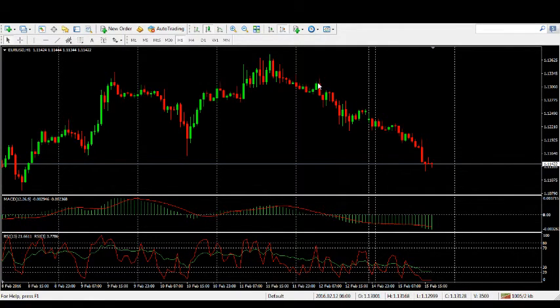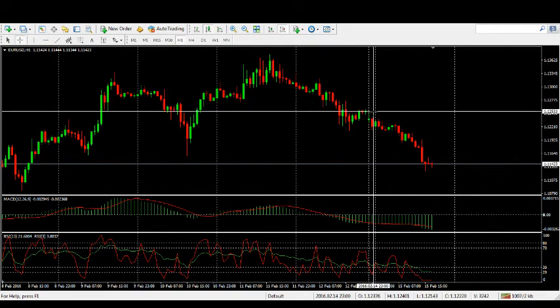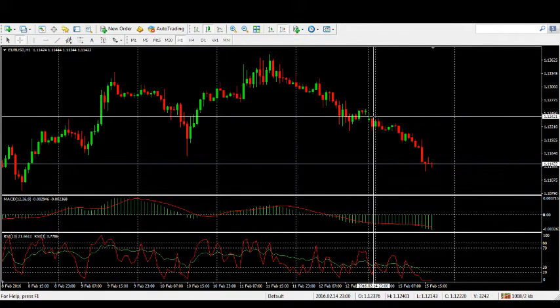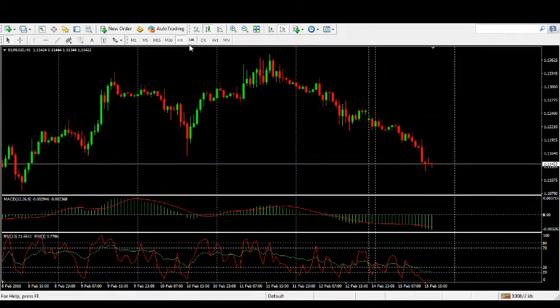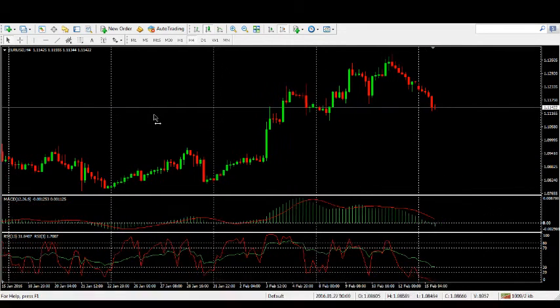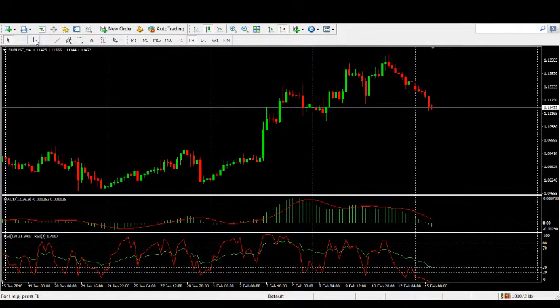It was Friday, and maybe we can expect some trend correction from here. We'll see whether the price will come back in the future.